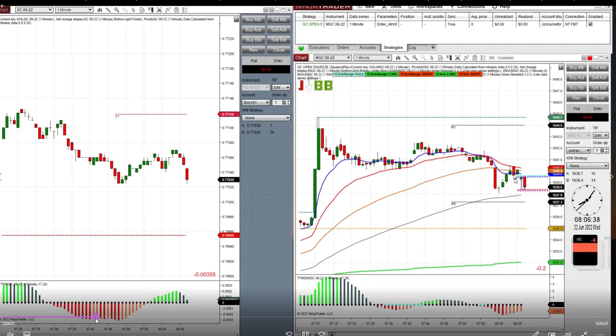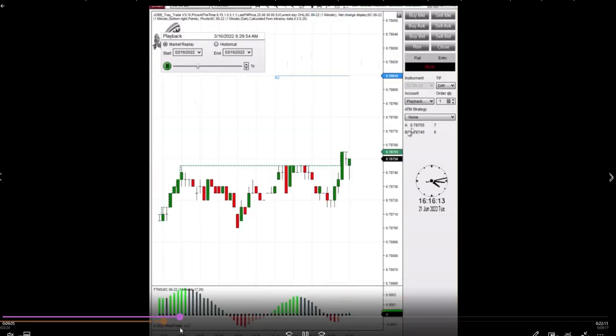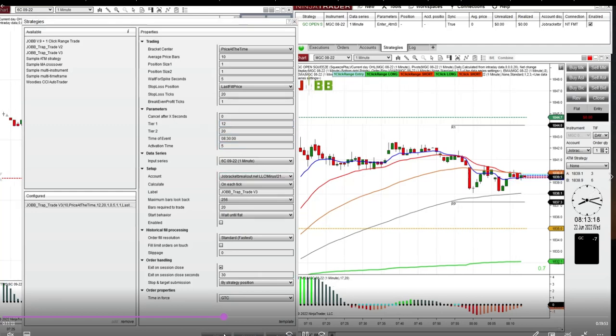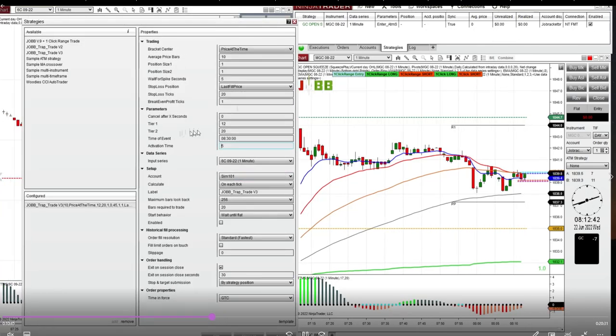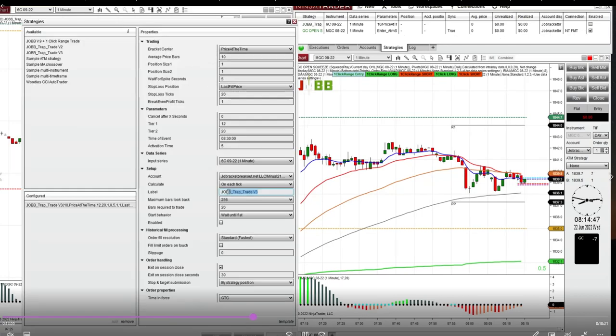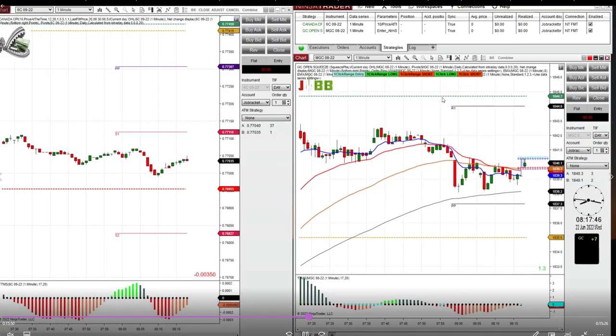I'm sure you want to know what I would do if I were trading it tomorrow. So let's just look at June 1st. Looks like another trap. So we're going to look very carefully at the size of the move. Same tiers, 12 and 20.